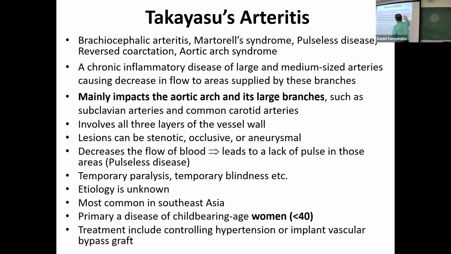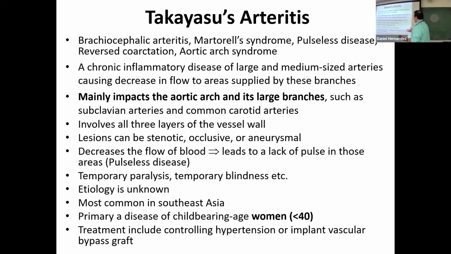So with Takayasu's now, we're talking about large to medium-sized arteries, and then the branches that are supplied by those large to medium-sized arteries. So this mainly impacts the aortic arch and its large branches. So Buerger's disease, small arteries, hands, feet. Takayasu's arteritis, think the large aortic arch and its large branches now. So things like the subclavian arteries, common carotid arteries.